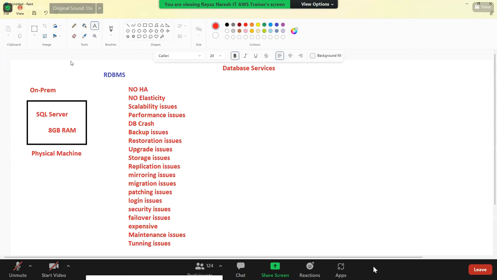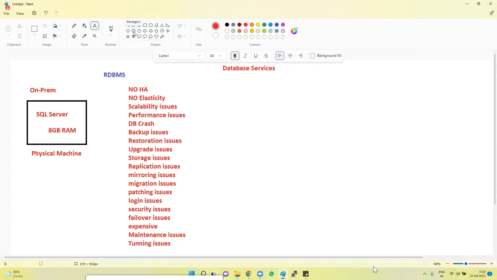That's the reason why DBAs will always be in stress. These are the things that should be handled by the database administrators. Never know, all of a sudden the DB will crash. If you want to upgrade from SQL Server 2012 to 2016, you need to die and burn again.